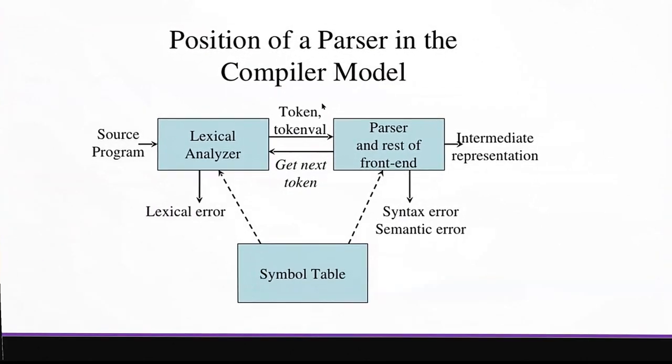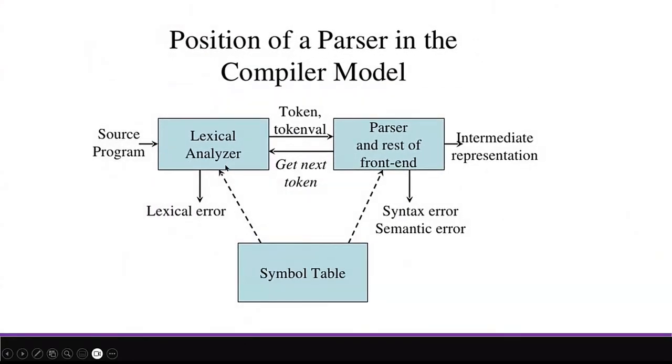So for this parsing tree, basically you have a lexical analyzer that generates the token stream. And then based on the token stream, you build a symbol table, and then you design a parser to analyze the token stream into the intermediate representation.